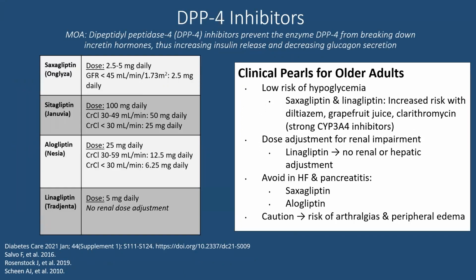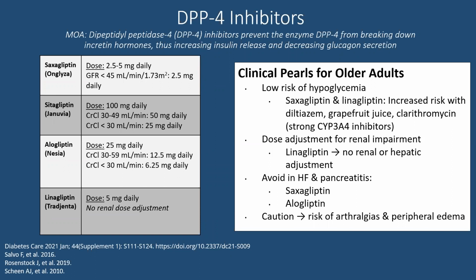Okay, DPP-4 inhibitors. This particular class is an enzyme inhibitor that prevents the breakdown of incretin hormones and increases insulin release in conjunction with a meal. So we've got 4 medications in this class.